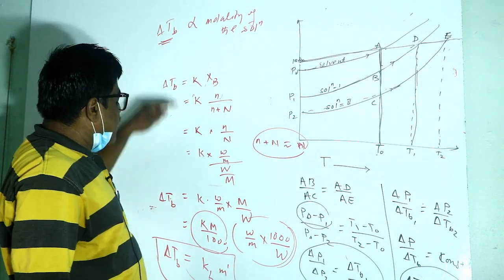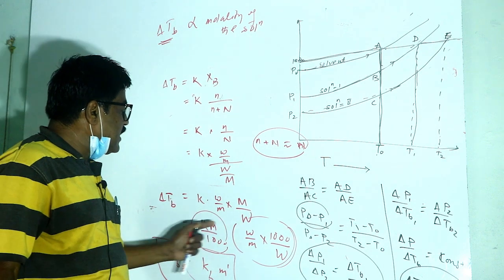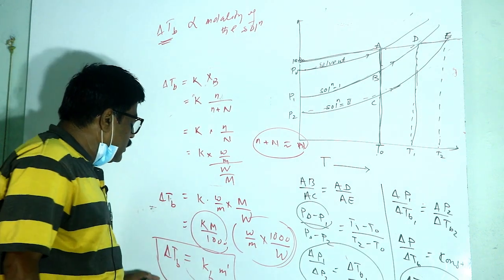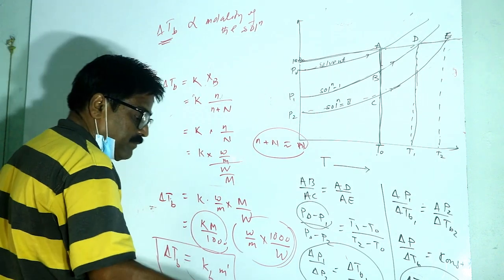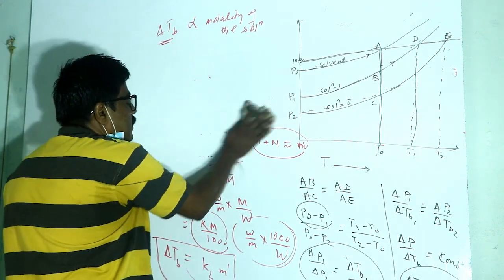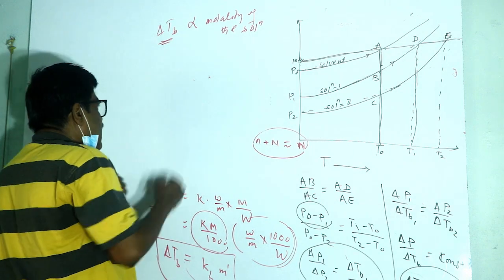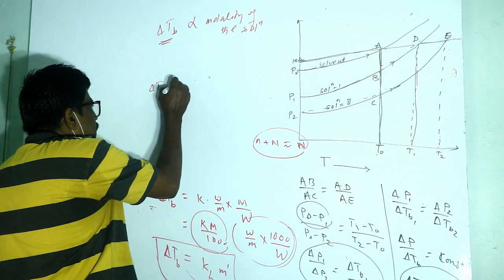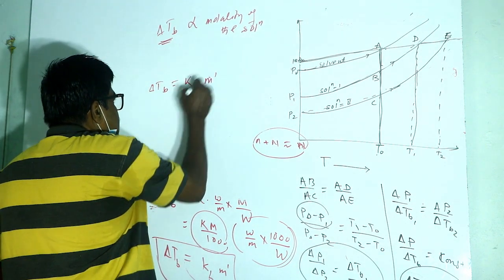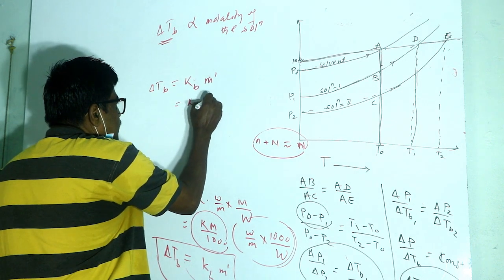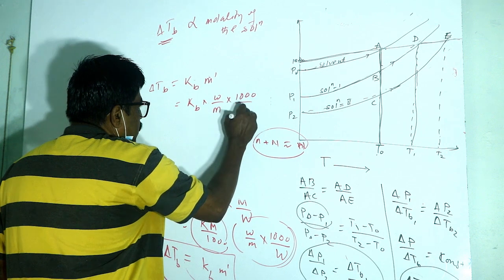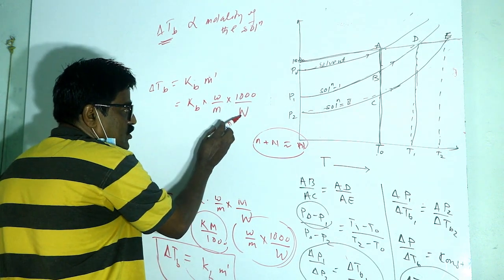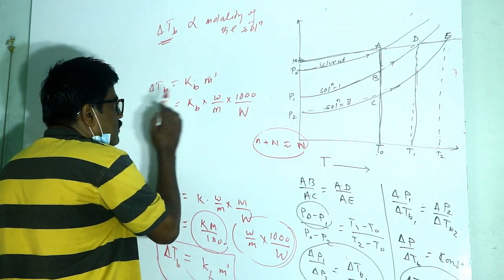Now from this data you can easily calculate the molecular mass of the non-volatile solute from this relation. That relation is del Tb equal to Kb M dash, and you know molality means small w by small m into 1000 by capital W. Here this is the weight of the solute, and m is the molecular mass of the solute.